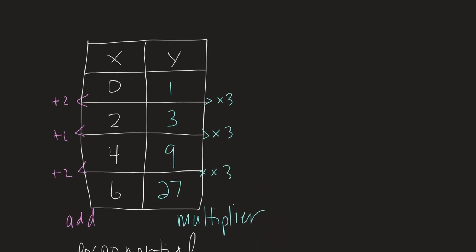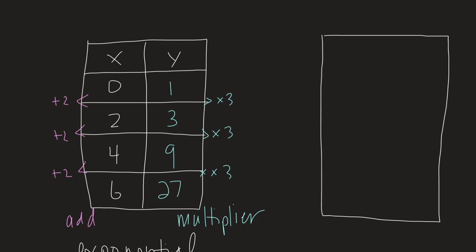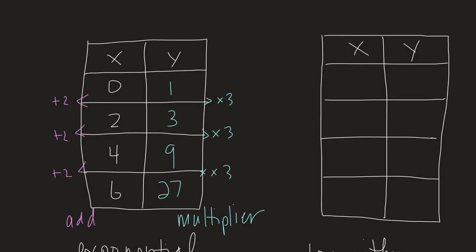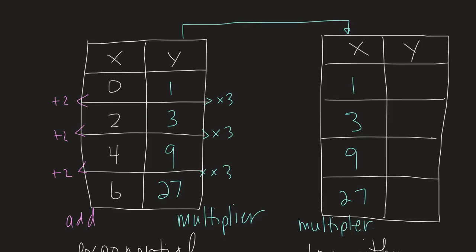Now, what do we know about its inverse? So if that was an exponential, what's the inverse of an exponential? Oh, geez. A logarithm. So for logarithms, if they're inverses, that means the y's become the x's. So the x's have a multiplier, multiplying factor.